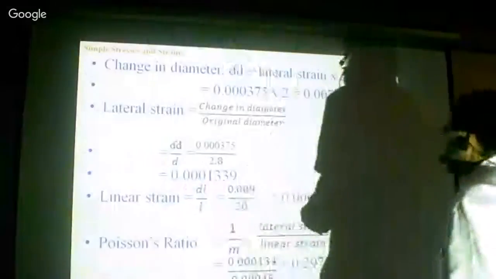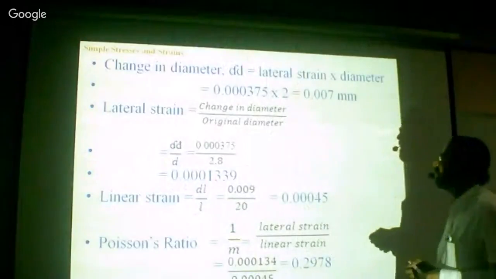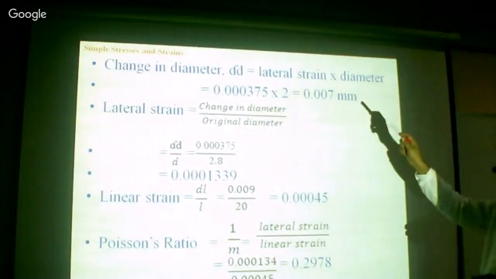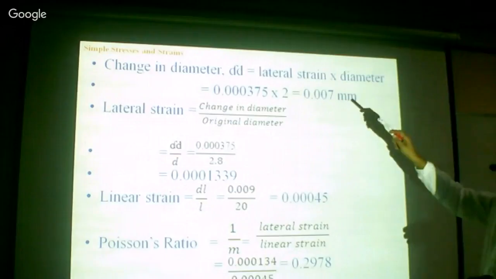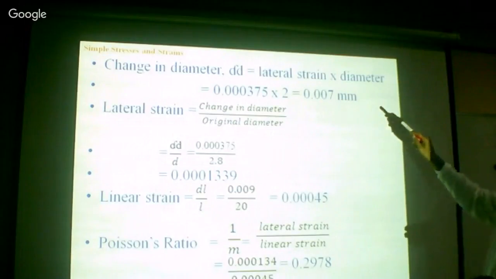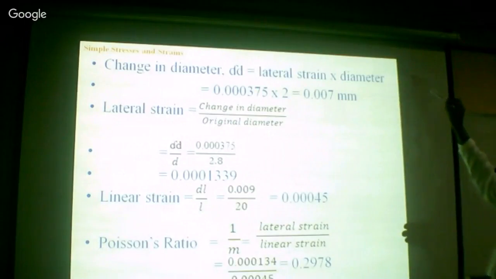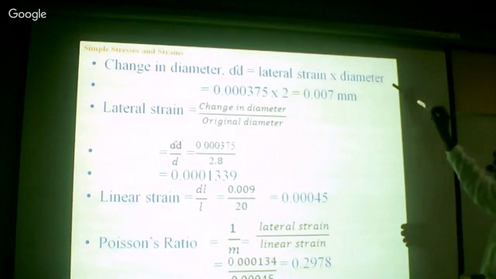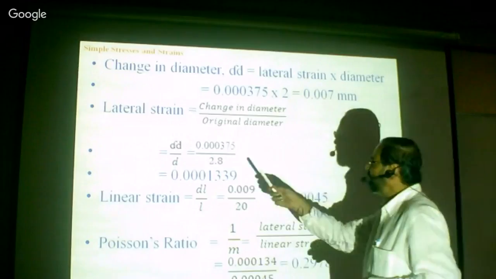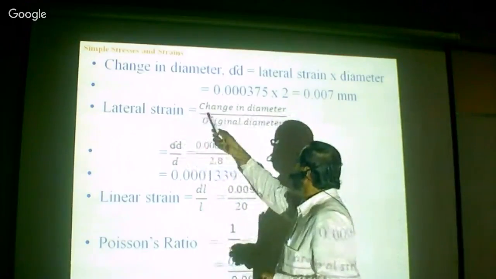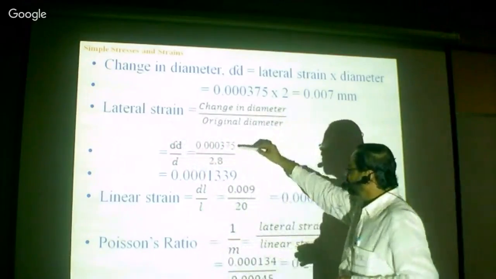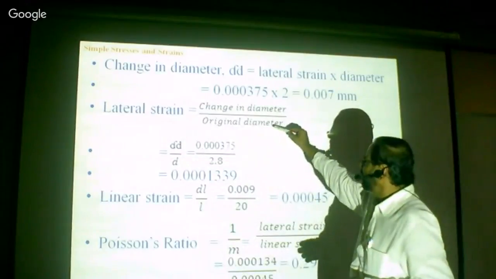Change in diameter, delta D, is given. Now lateral strain is equal to change in diameter, 0.00375, divided by 28 millimeter.